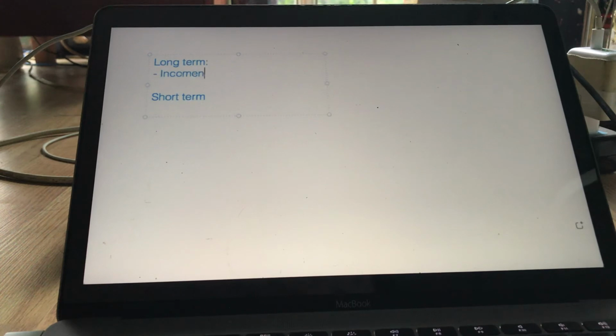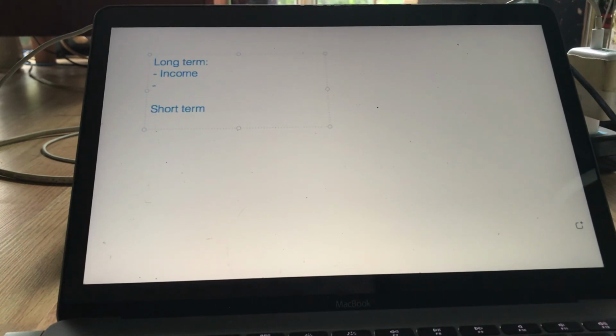We have the income. In theory, we have a lot of determinants of the exchange rate. If you search for the determinants of the exchange rate, you can find a lot of them.